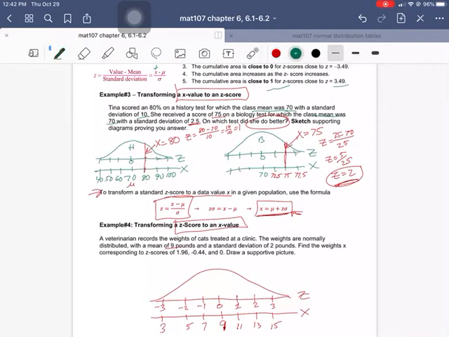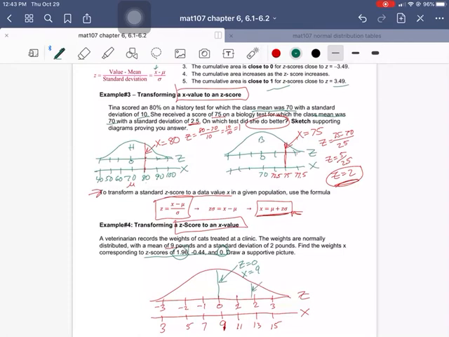All right, so I've set up my distribution, and I want to finish reading the question here. It says, here are the given z-scores. Find their weights. So let's look at the 0 real quick. If one cat had a z-score of 0, that's the same thing as saying their individual weight was 9 pounds. Okay? 1.96, that's way up here.